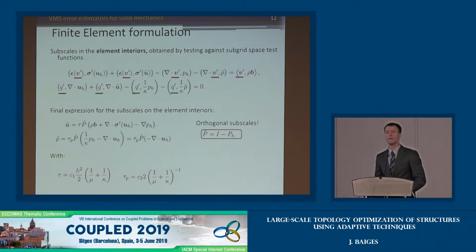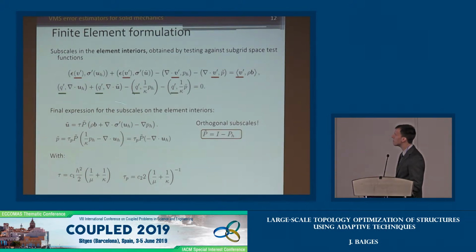So now we need to provide a model for all of these subscales, and in order to do this, we are going to start by focusing on the subscales on the element interiors. In order to obtain this model, we are going to simply take our Galerkin weak form, and test it against the test functions not in the finite element space, but in the space for the subscales. And we are going to do this both for the displacement subscales in the element interiors and for the pressure subscales.